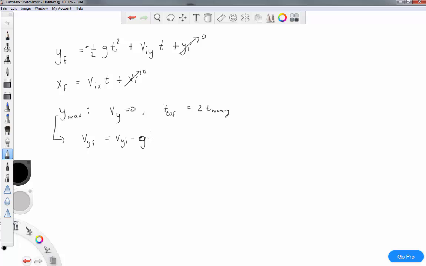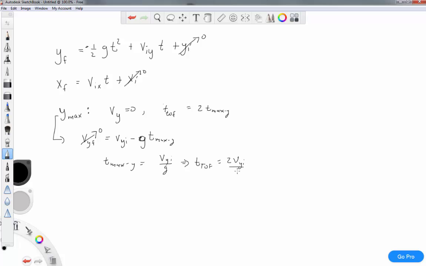So if we want to solve for the maximum time, then this right here becomes 0 and this becomes max y. So T max y again ends up being v y initial over g, and so the time of flight ends up being 2v y initial over g.